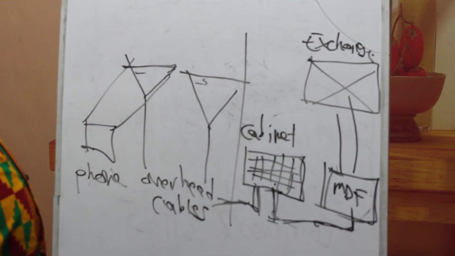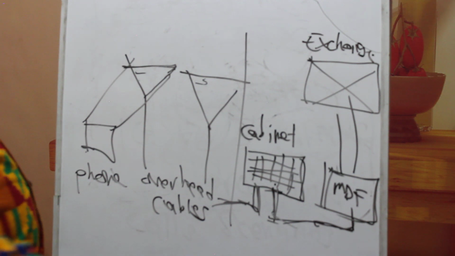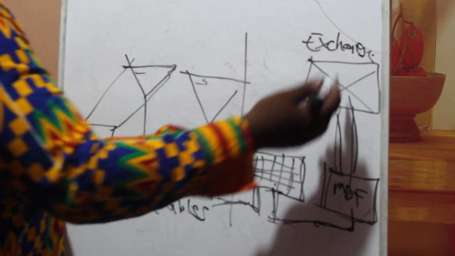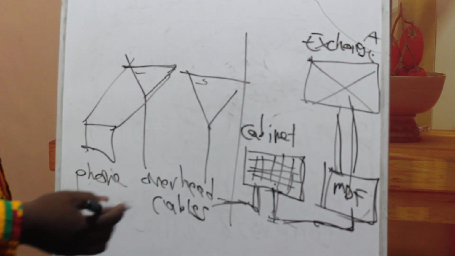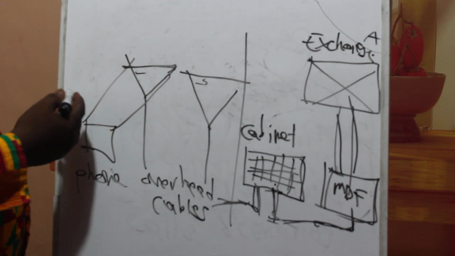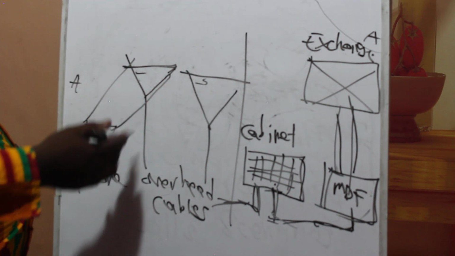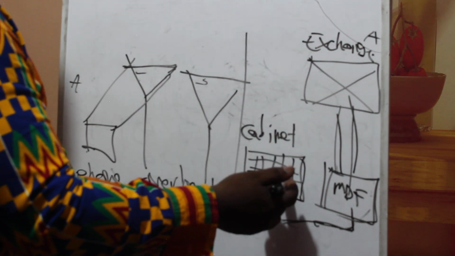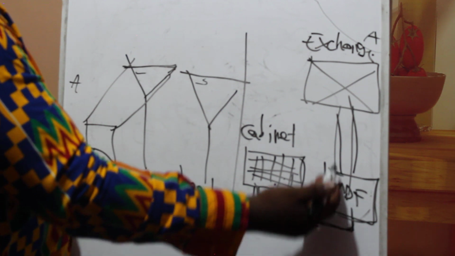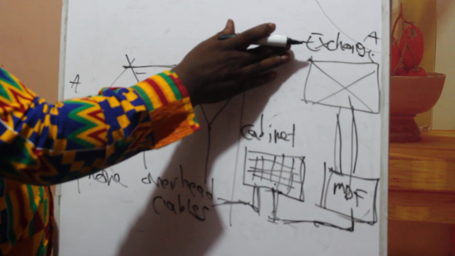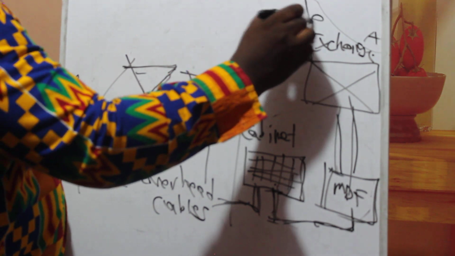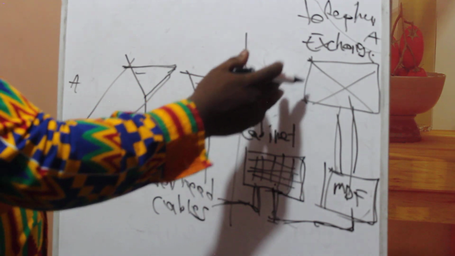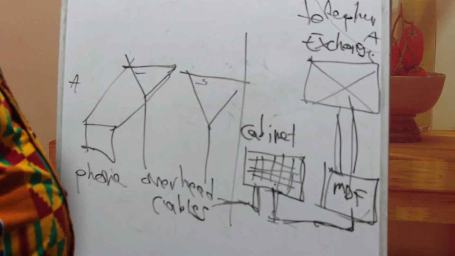So the MDF is the main distribution frame. The MDF distributes the cables to the various exchanges. So if you are in exchange A, and your house is at a place called A, all the various houses pass through the wire cables, terminate on the cabinet, then they go to the MDF, then they terminate on the exchange, the telephone exchange. The telephone exchange is just like a switch center, so that is where most of the activity is done.